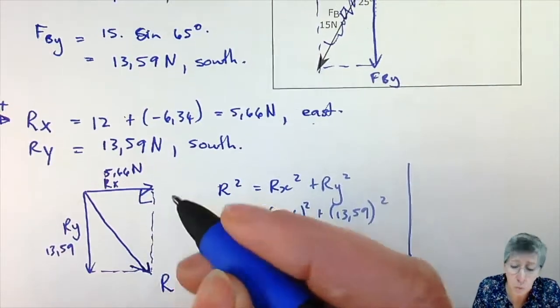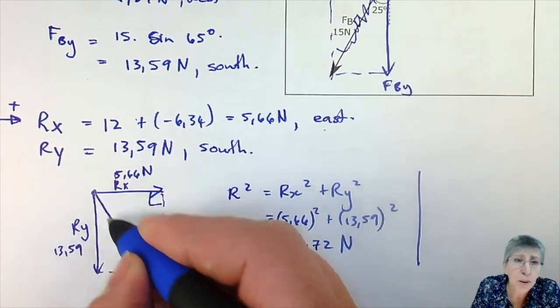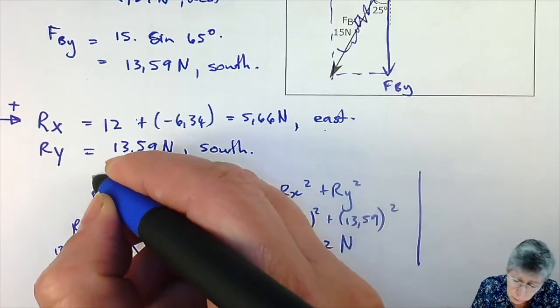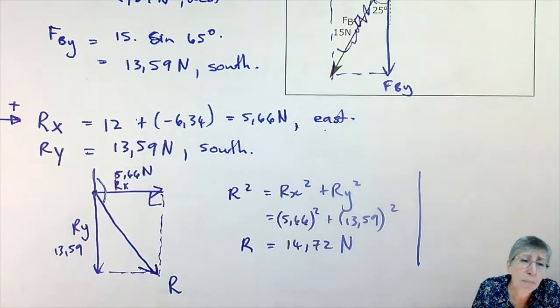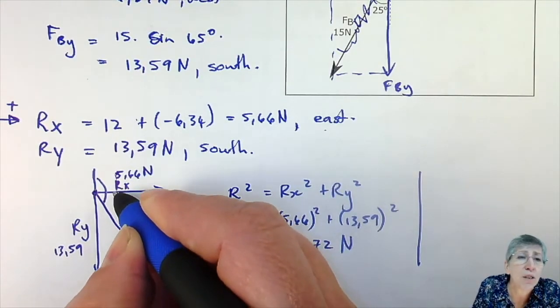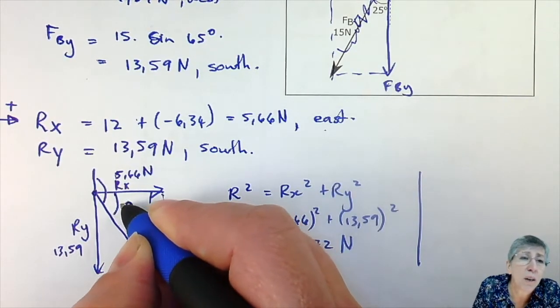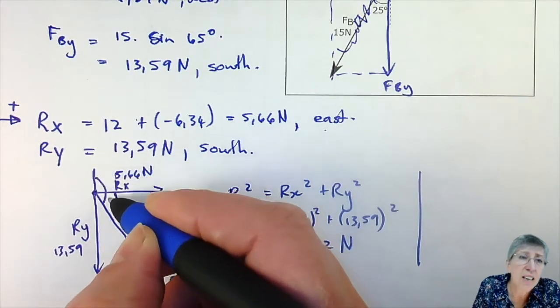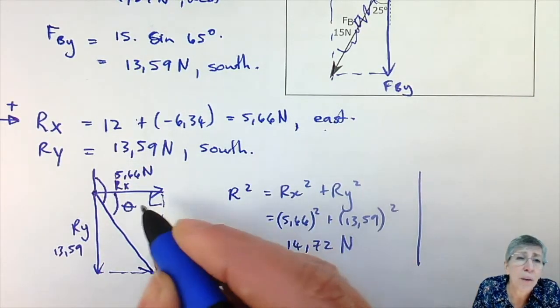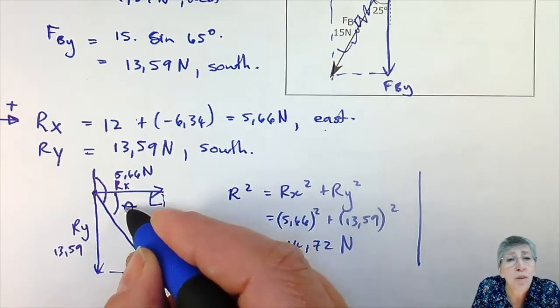Now let's look at this one. That is the starting point of my vector. So I'm going to measure from north clockwise up to my vector. So I'm going to first work out this one as my theta, and then I'm going to add the 90-degree angle there at the top. So let's work in this triangle because I'm looking for that one.